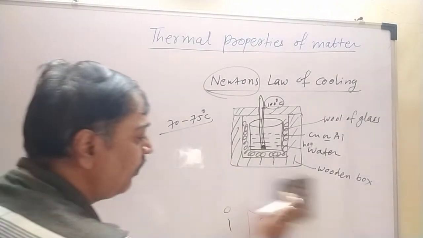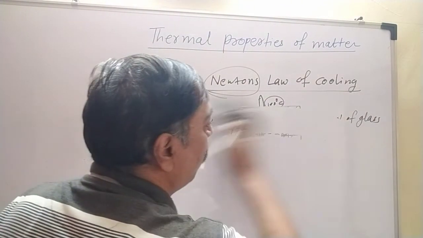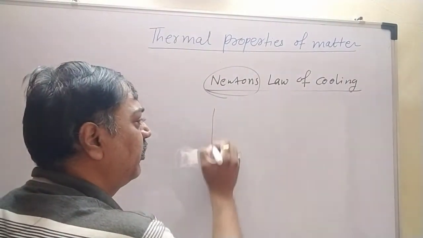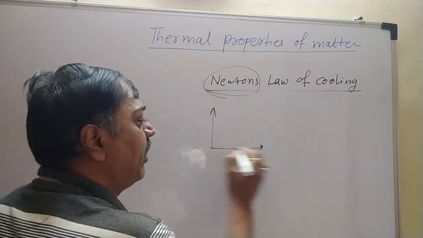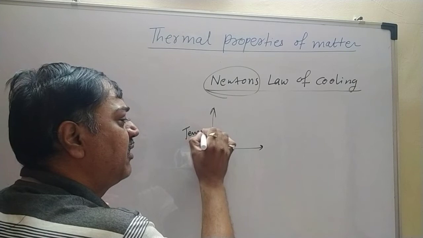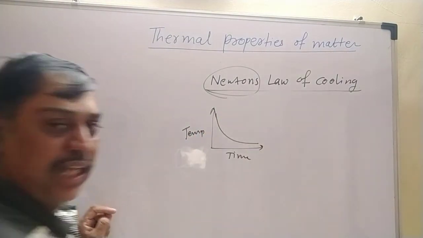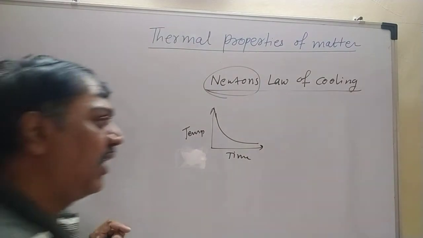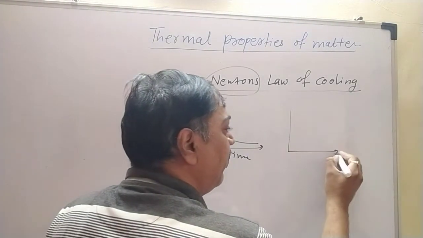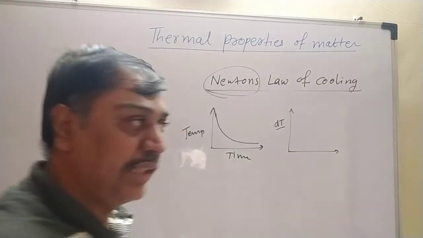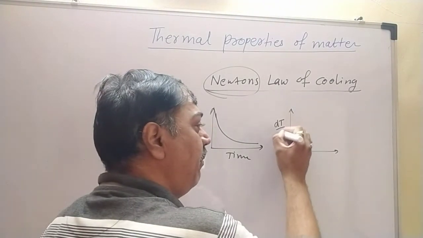Finally, after doing this experiment, he tried to draw the two graphs as given in the book. The first graph is between temperature in degrees Celsius and time, and that graph is like this. The second graph is between dT/dt, the change in temperature with respect to time, and T minus T0.